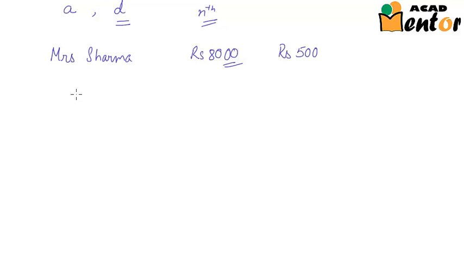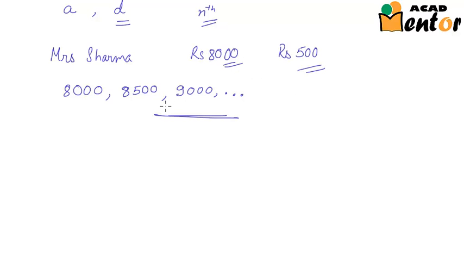If you observe closely, the first year amount is 8,000 rupees, next year it would be 8,500, then in the next year it would be 9,000, and so on. Now this is nothing but our arithmetic progression with a common difference of 500 and the first term 8,000.